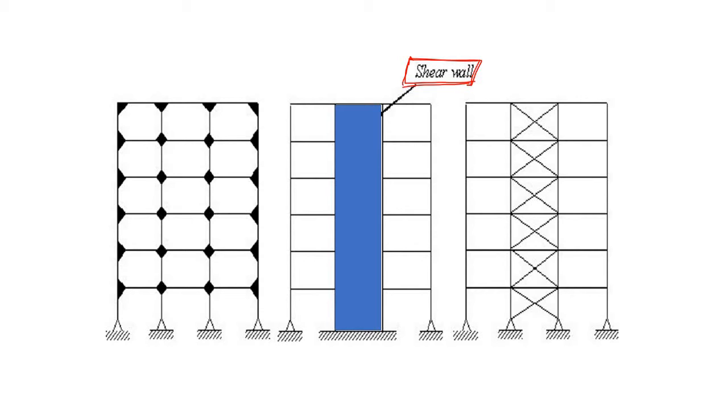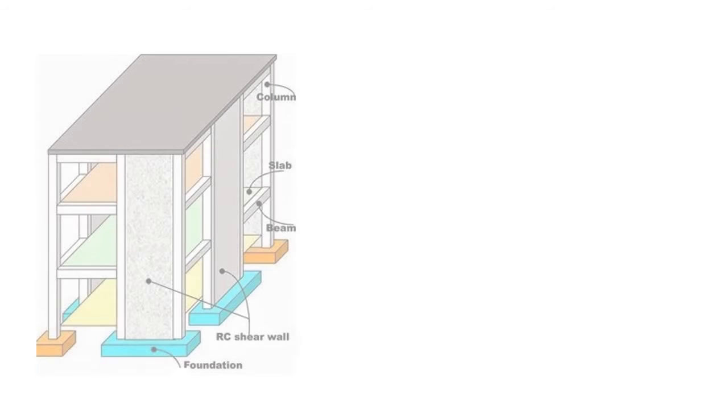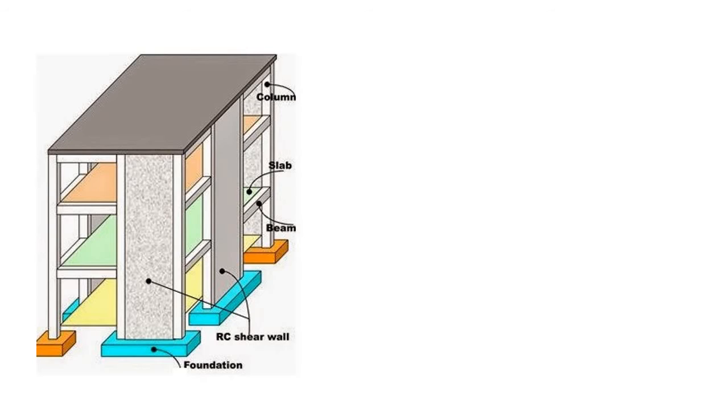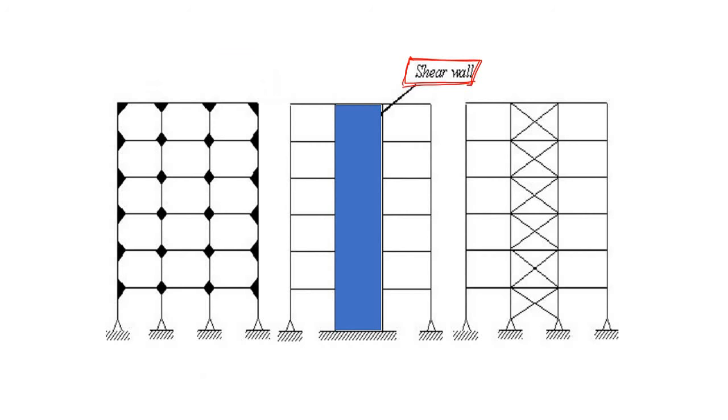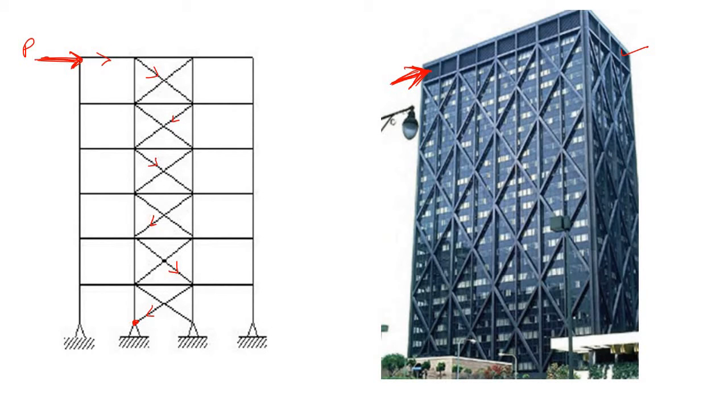So let's start. Before starting, let's have a look at how a shear wall actually looks. Here you can see that till now we have discussed everything related to steel structures, whether a portal frame or a steel frame structure where we have used this type of bracing. Everything is steel structure.